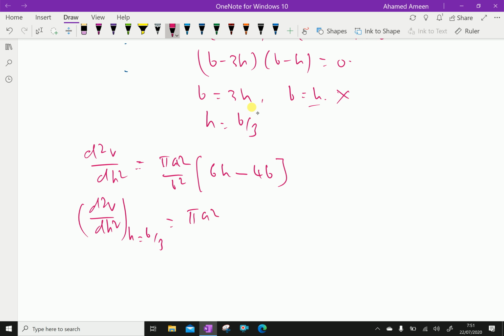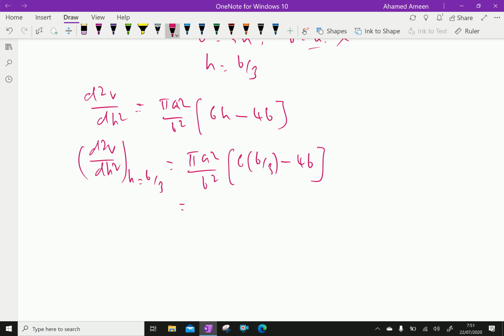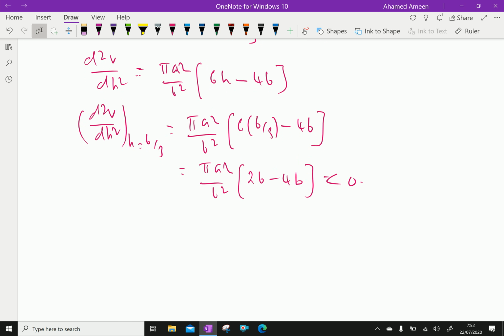Pi A squared over B squared, then H equal B by 3, therefore 6 into B by 3 minus 4B, which is equal to pi A squared over B squared times (2B minus 4B), which is a negative value, less than 0, because 2B minus 4B is minus 2B.